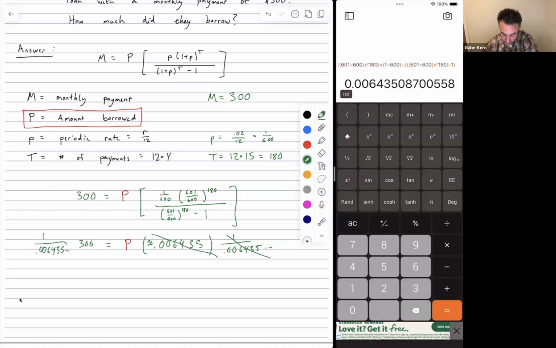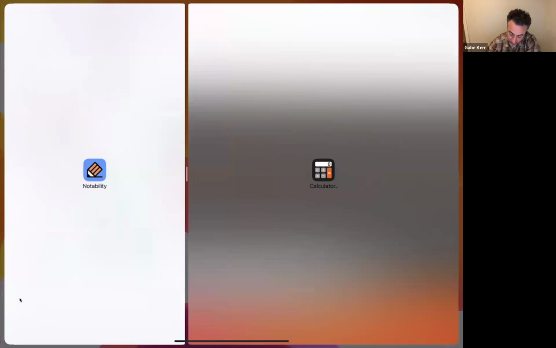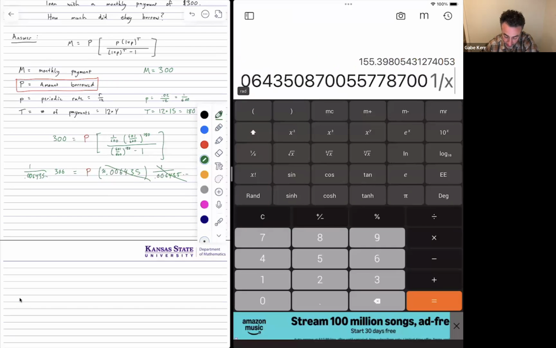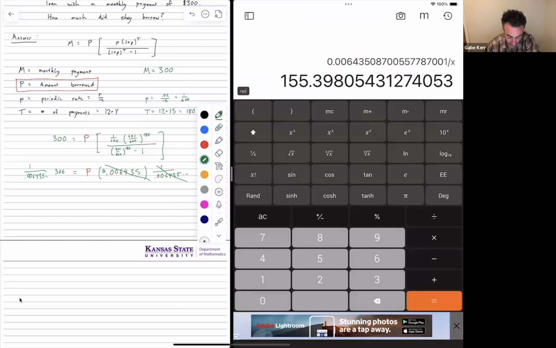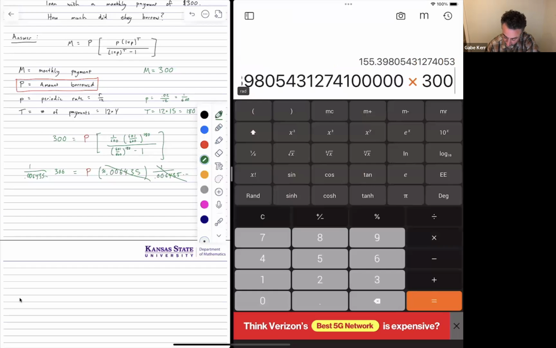So you can do this on a calculator. And the way you do this on a calculator, if you have this kind of number, is you look at this button 1 over x. If I hit 1 over x, that takes the reciprocal. And then I can multiply. I hope it takes the reciprocal. I'll just go ahead and say equals. That takes the reciprocal, and I can multiply that by 300.